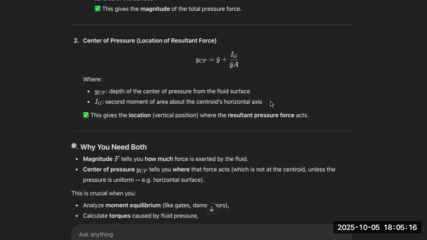The center of pressure is given by this equation: YCP is equal to y bar plus IG over y bar times A. So IG is the second moment of area around the centroid's horizontal axis, and YCP is the depth of the center of pressure from the fluid surface. I think they mean y bar over here.